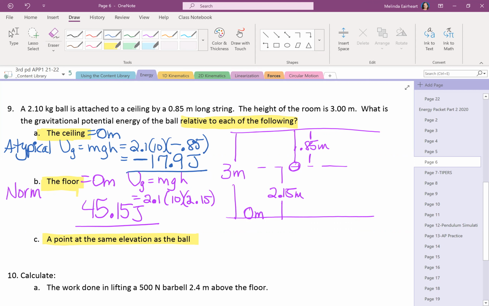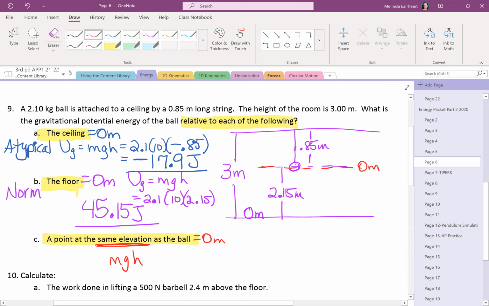What if they define your lowest point, or what if they make your reference point the same elevation as the ball? Well, same type of deal, mgh, but what would your height be from yourself? If we're looking at the 0 meter mark as being where the ball is, I have no height above that location.